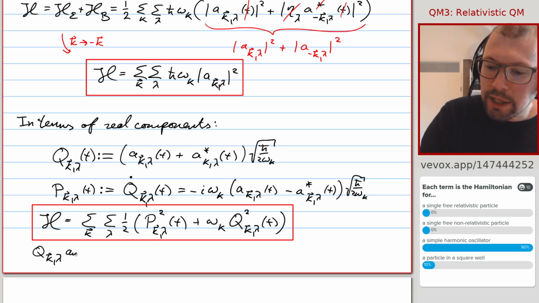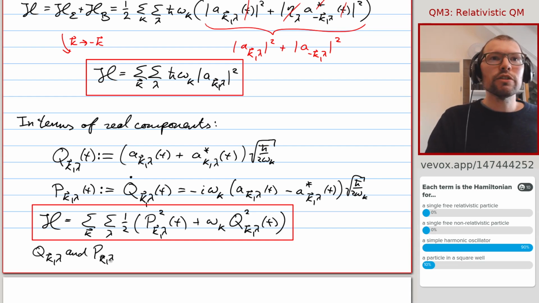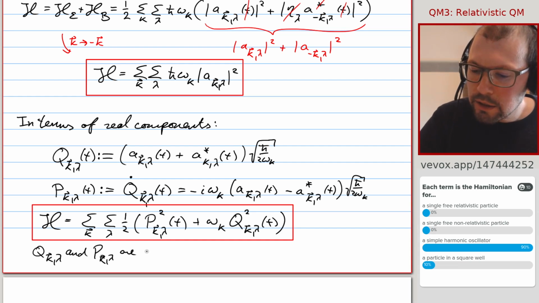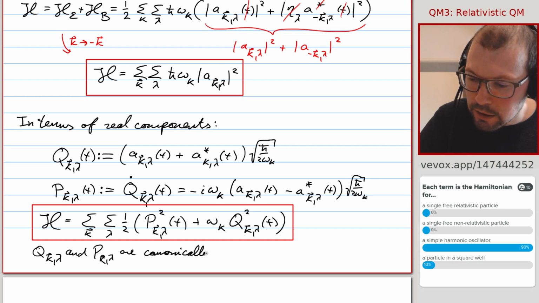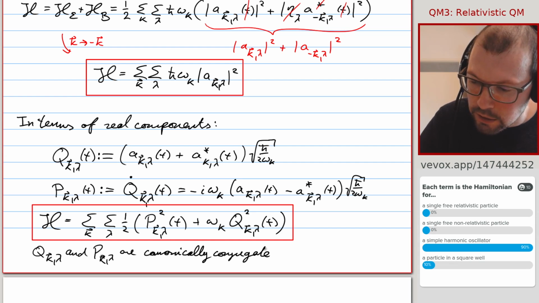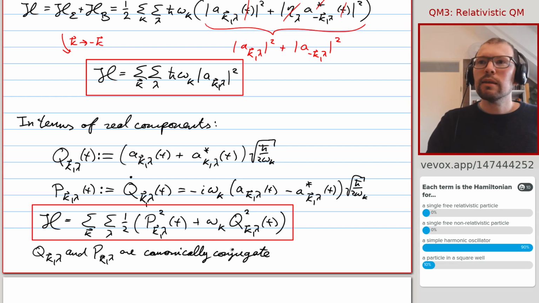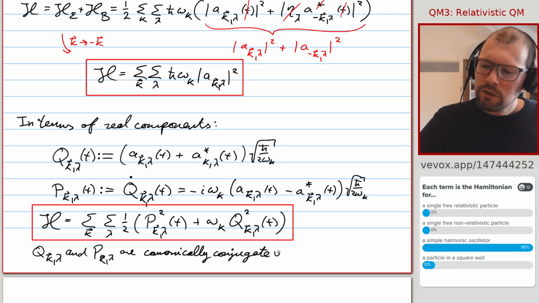So I claim that q and p really can be interpreted as position and momenta in the sense that they are canonically conjugate. So what does that mean?